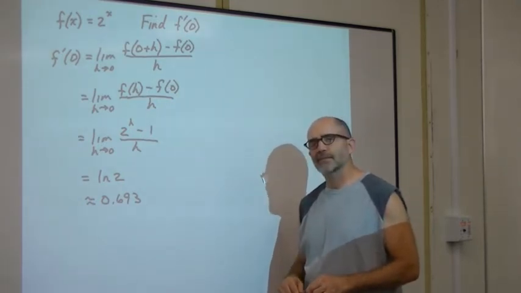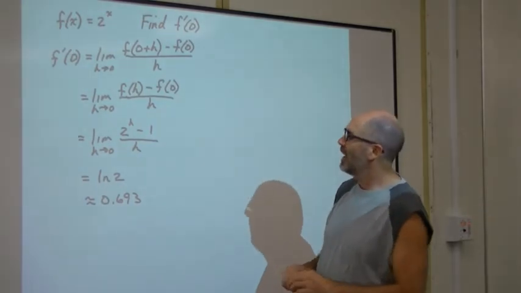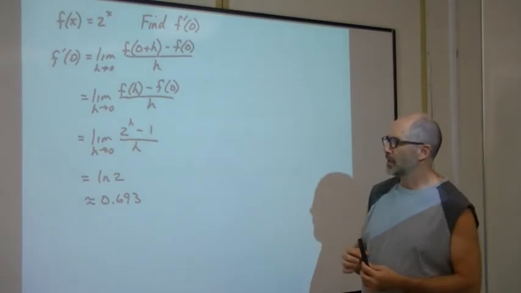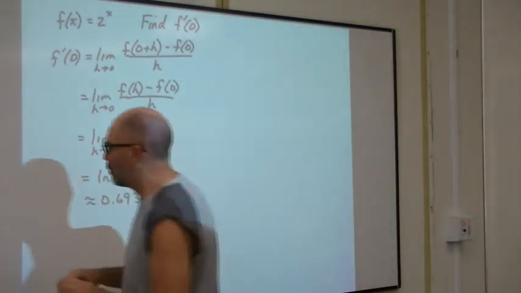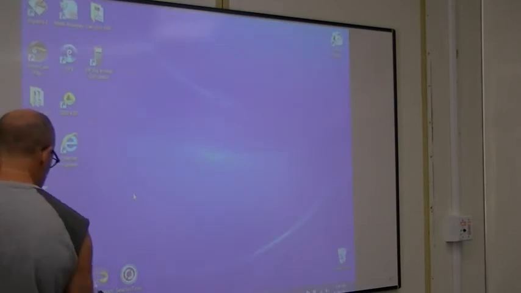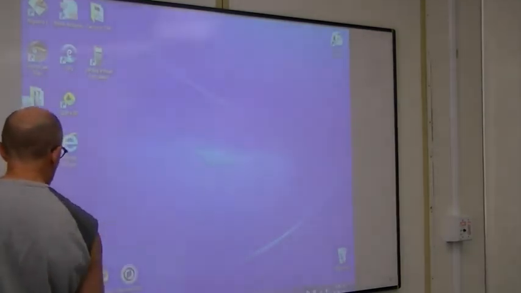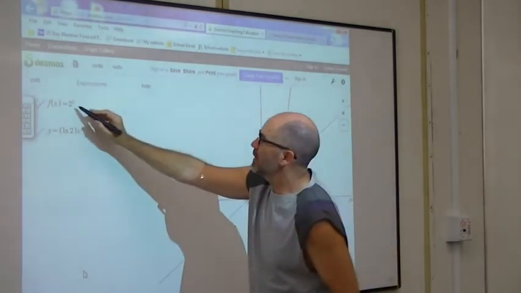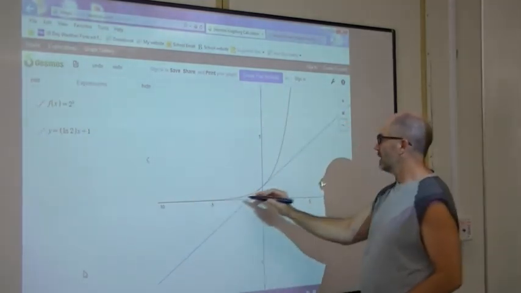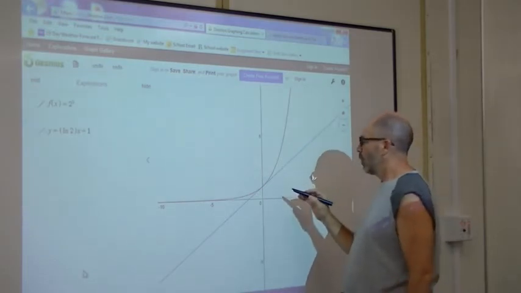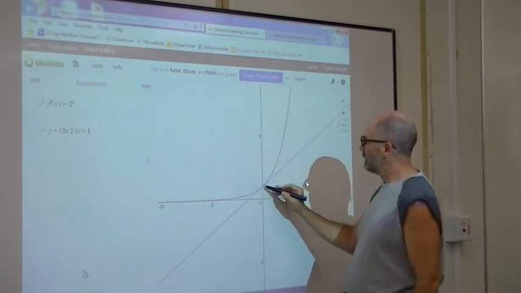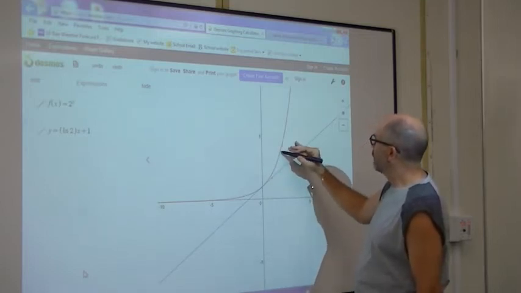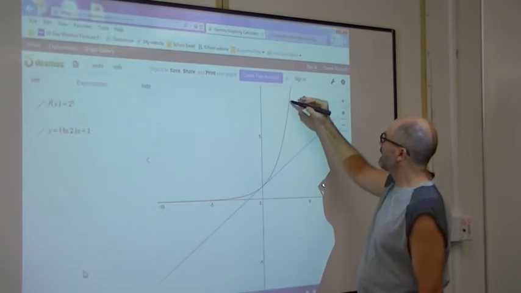Yes, exactly. Okay, so let's take a look at this graphically and see what just happened here. Now our function f of x equals 2 to the x is our old favorite where we have 2 to the 0 is 1, 2 to the 1 is 2, 2 to the 2 is 4, 2 to the 3 is 8.